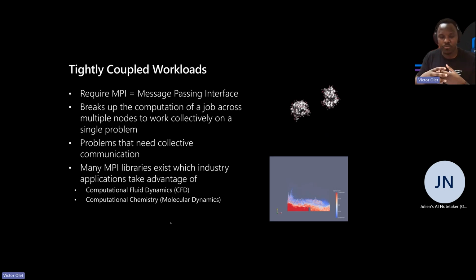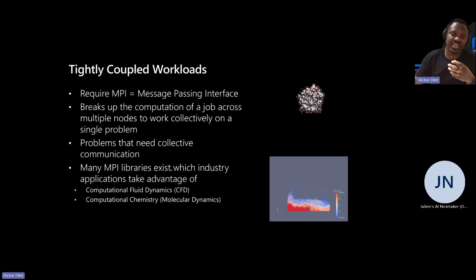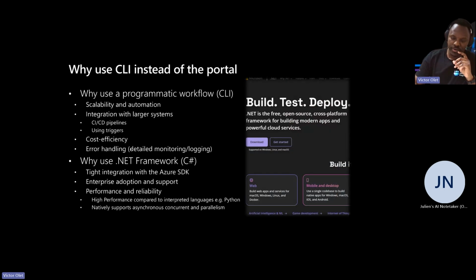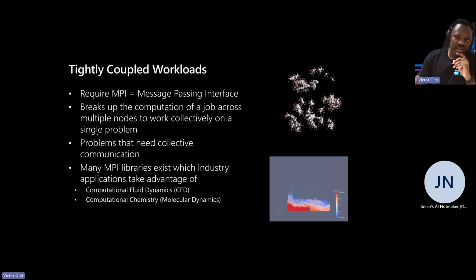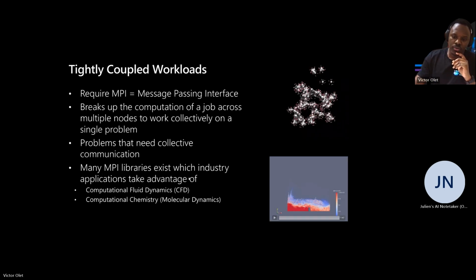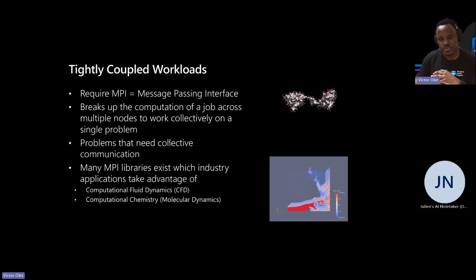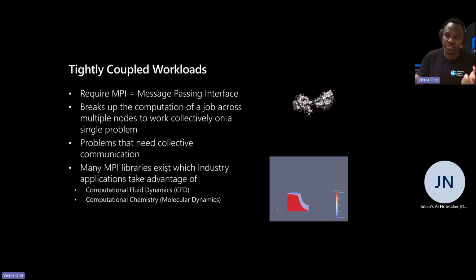That is where you would need MPI, which facilitates that. Some examples of this are in computational fluid dynamics and in computational chemistry. These are really big fields that make use of this kind of tightly coupled workflow.